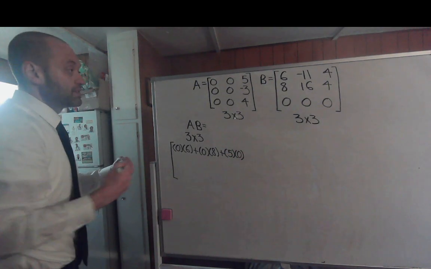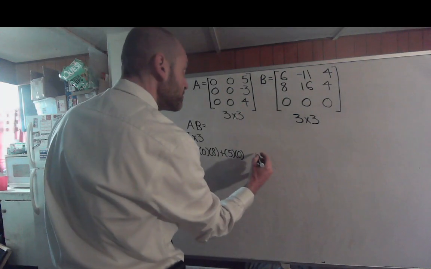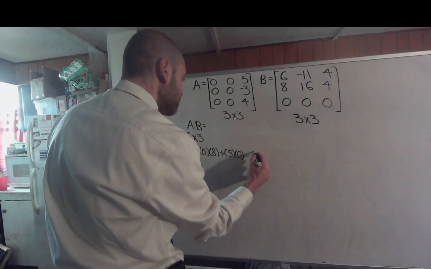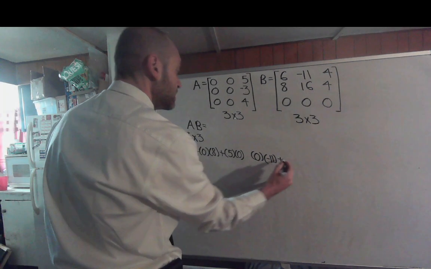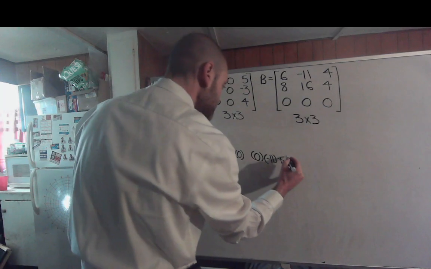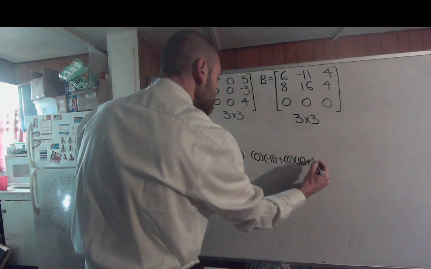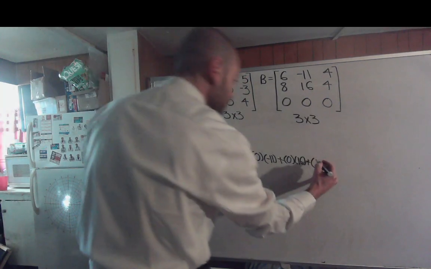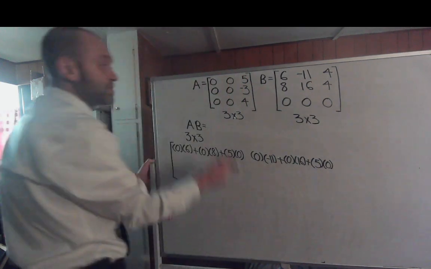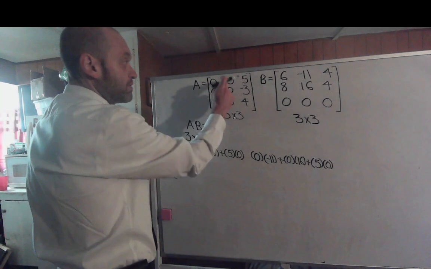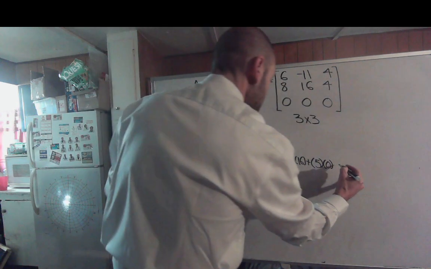Now we take the first row times the second column, so this would end up being 0 times -11 plus 0 times 16 plus 5 times 0. And then we need to get the third number of the first row, so take your first row times your third column.